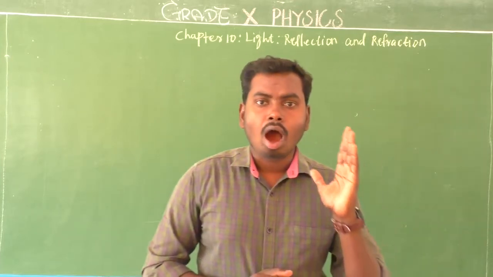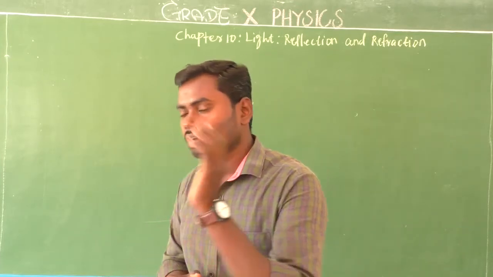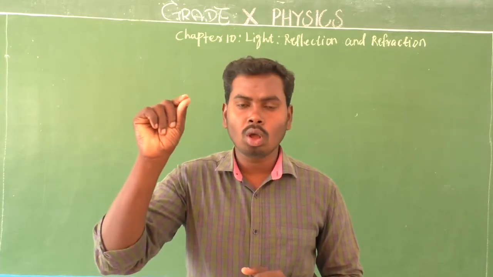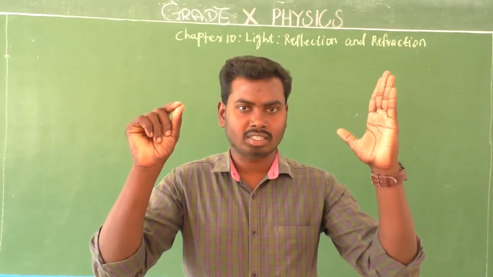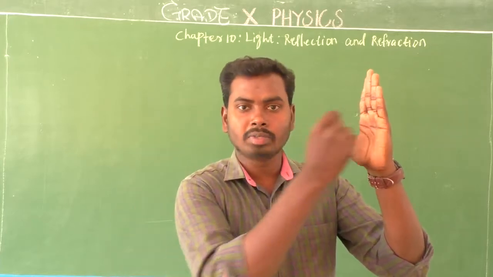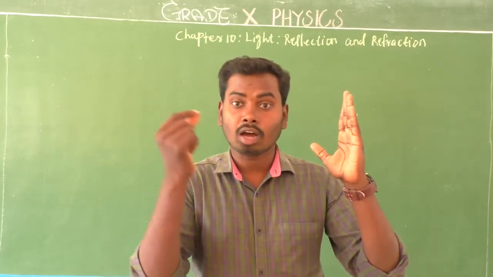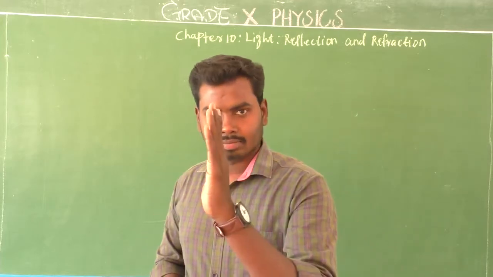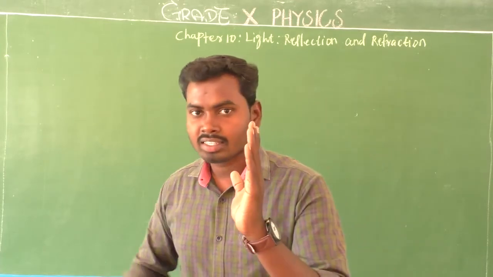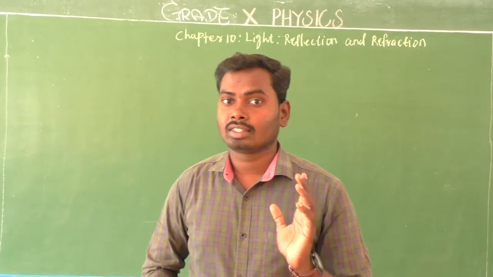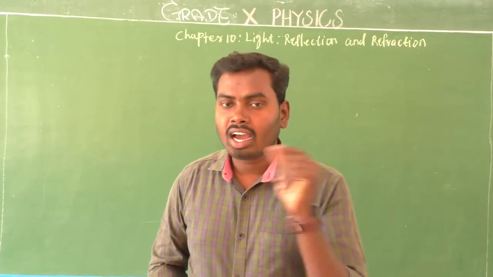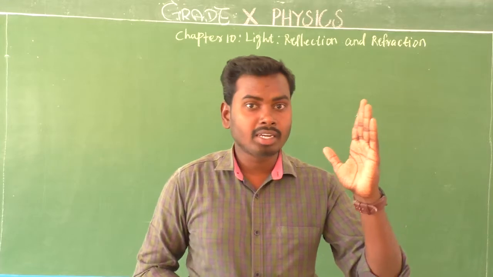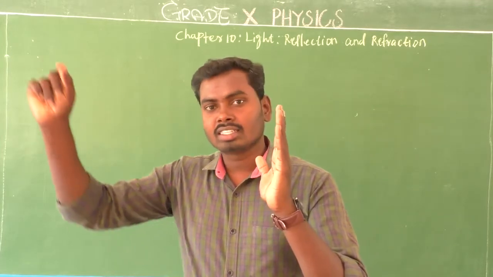So look here. What is object distance, sir? The distance between the optical center O and the position of the object is the object distance. Am I right? So in a convex lens, if the object distance decreases, the image distance increases.